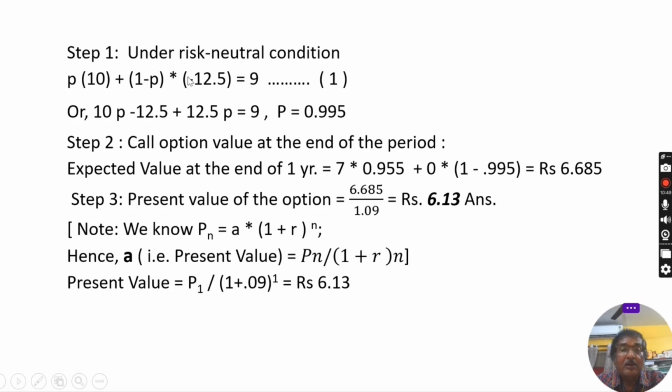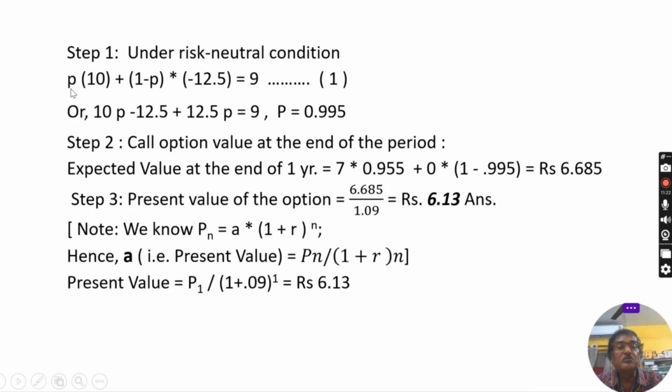12.5. Why have I given it as negative? Because it is in the reverse direction. It is an increase and it is a decrease, percentage decrease. That's why when we calculate the expected value, you have to consider this sign as inverse. That is negative. 1 minus P into this. This is the expected return. Expected return after 1 year. 10 is the percentage increase of the share price, 12.5 is the percentage decrease of the share price.